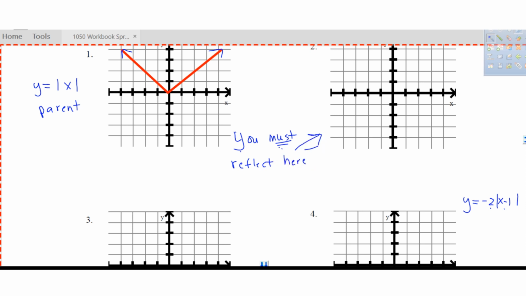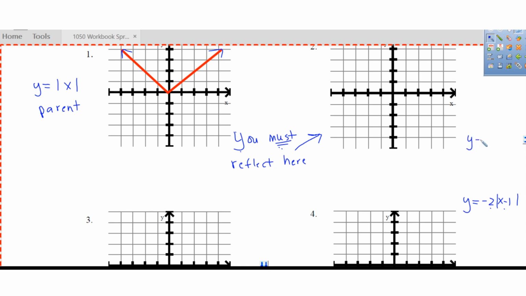The first transformation must be the reflection if it's a reflection, okay? If you don't do it first, you will lose points, okay? The reason is because sometimes if you don't reflect first and then you do the other transformations, it makes the graph wrong. So just know I need you to always reflect first, okay?